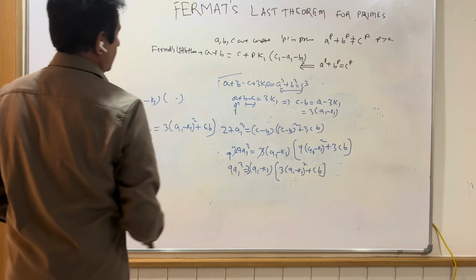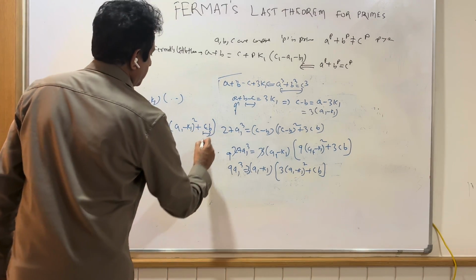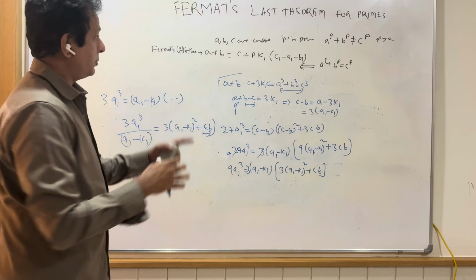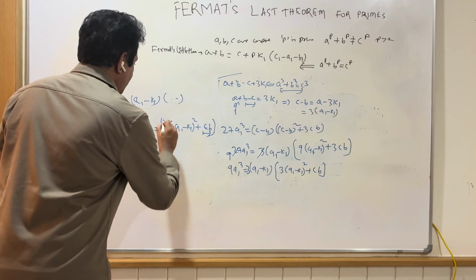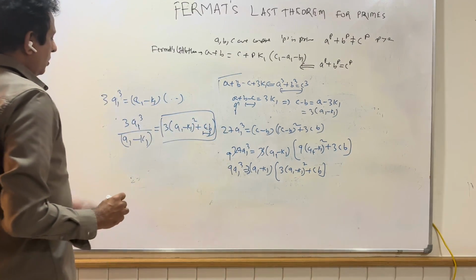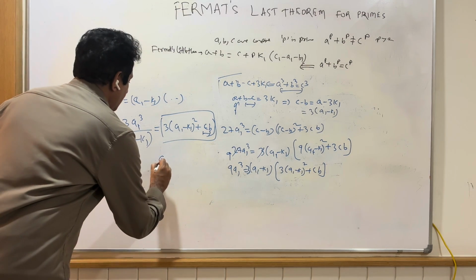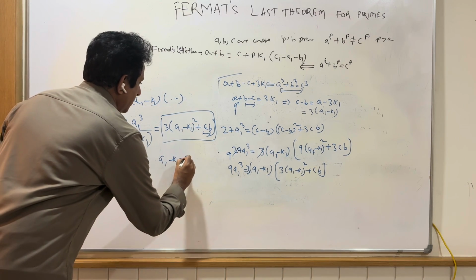We need to understand that c and b are not multiples of 3 when a is a multiple of 3, because they are co-prime. So this is not a multiple of 3. What this also means is that a1 minus k1 must be 3 into r1.